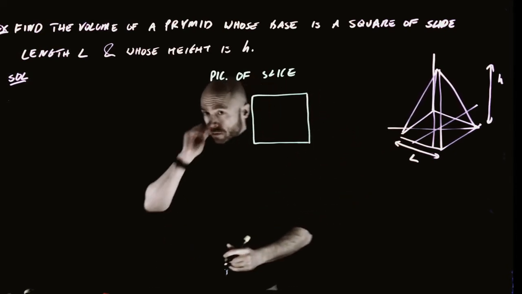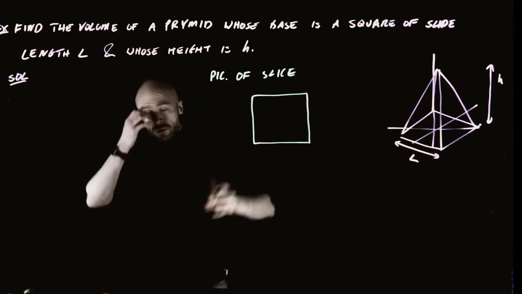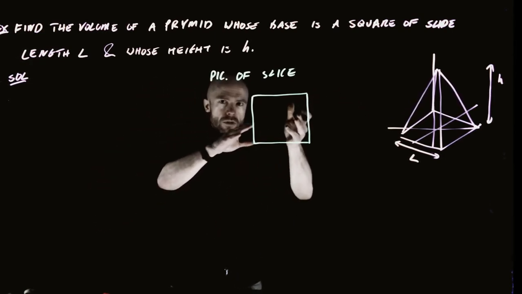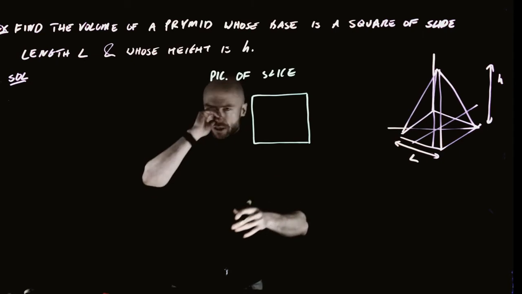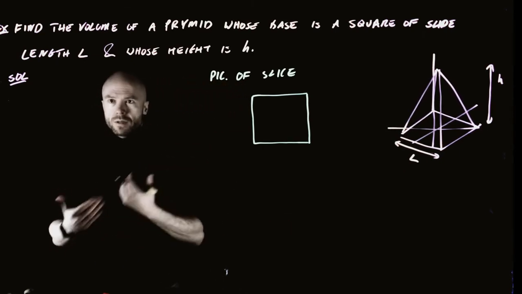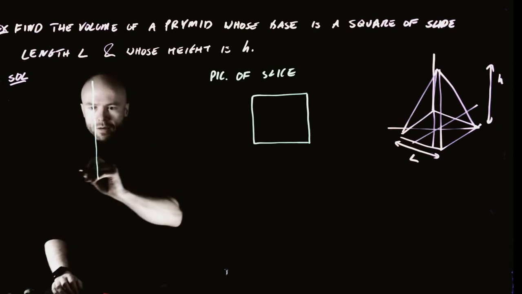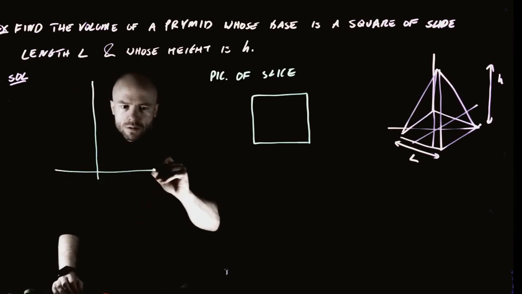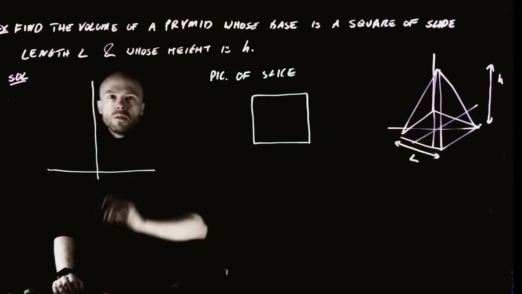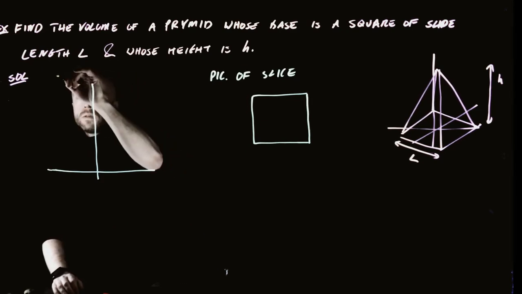Okay, and then we're going to think of what view of this thing we want in order to get this as a slice. And what should come to you after a bit of thought is that the best thing is the side view. So, side view.